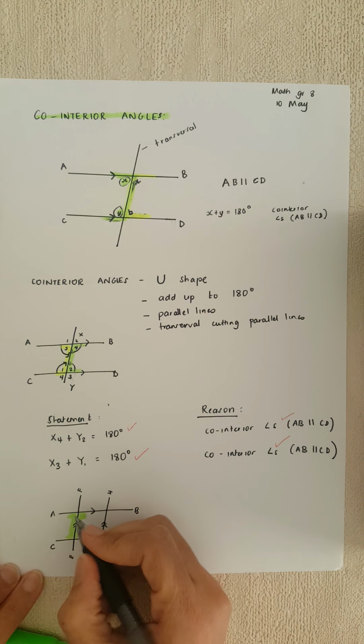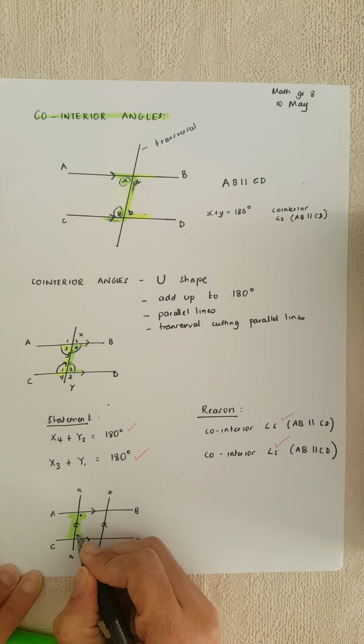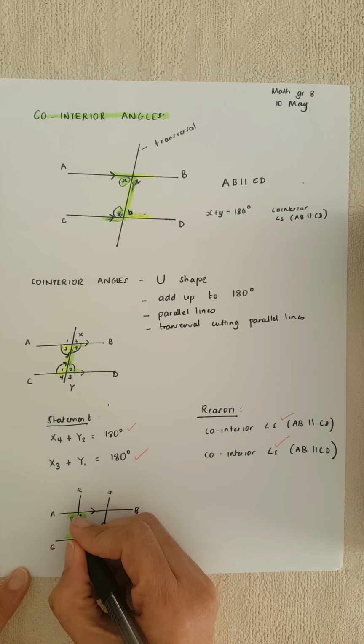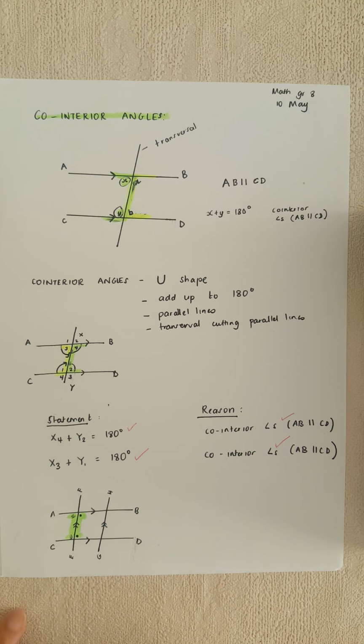So if I make a dot for you, you can see that this angle plus this angle is going to become co-interior. Add them together, they're going to become 180 degrees. Then if I have an X and a Y here, if I'm adding those two up, they're going to become 180 degrees. Then I've got another transversal there.